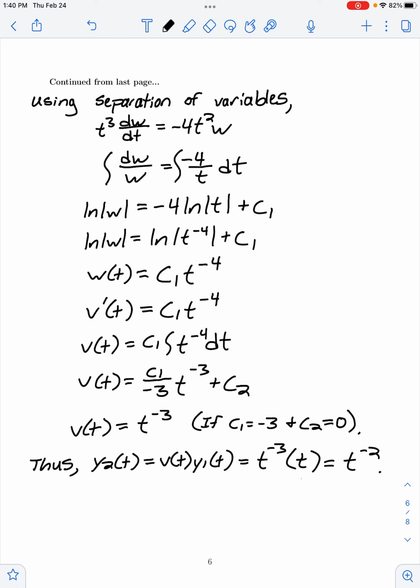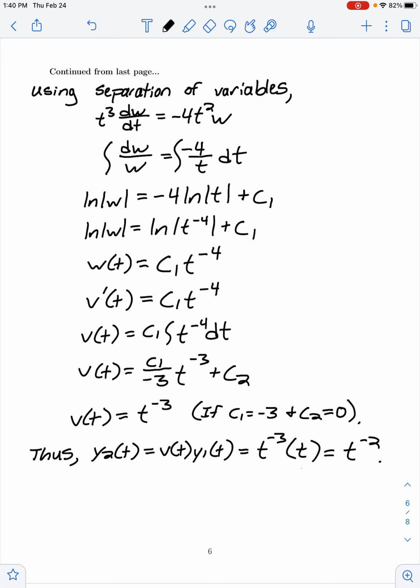So we have found a second solution of our given equation, t to the negative 2, and to show that we have a fundamental set of solutions, we need to calculate the Wronskian of y1 and y2. So for the last part of this problem, if we look at the Wronskian of y1 and y2, which are functions of t, we would have the determinant of the 2 by 2 matrix, where our first row would be y1, which was t, and y2, which we just found to be t to the negative 2.